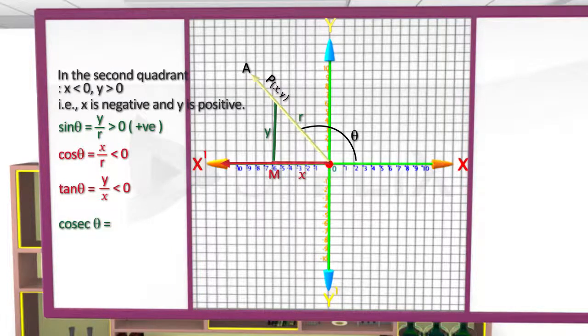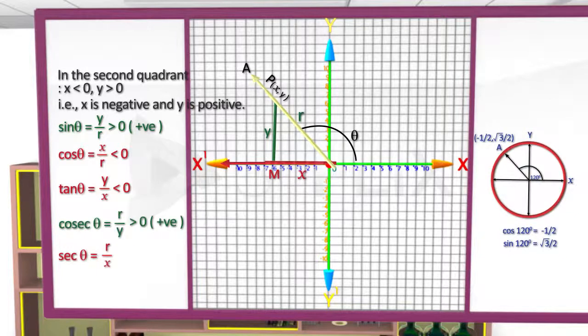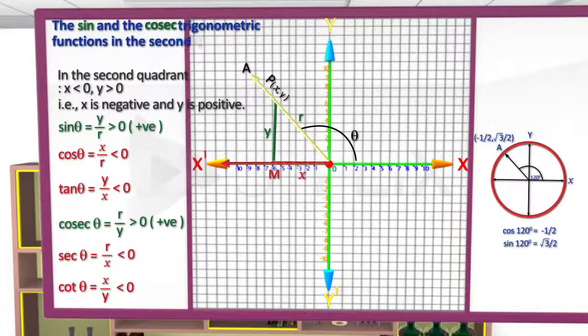Cosecant theta is equal to r by y, which is greater than 0. Secant theta is equal to r by x, which is less than 0. And cot theta is equal to x by y, which is also less than 0. So in the second quadrant, trigonometric functions such as sine and cosecant are positive, while the others are negative.